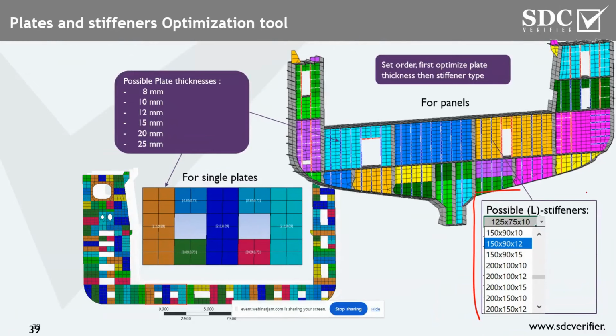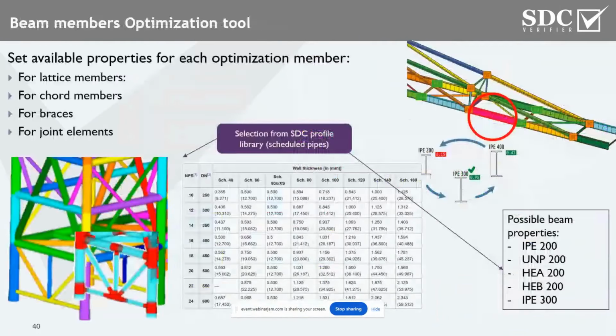If your stiffeners buckle, you can optimize the shape of your stiffeners. If your beam members buckle or do not pass some basic member checks, you can optimize them as well. And this is all pretty intuitive and saves an enormous amount of time.